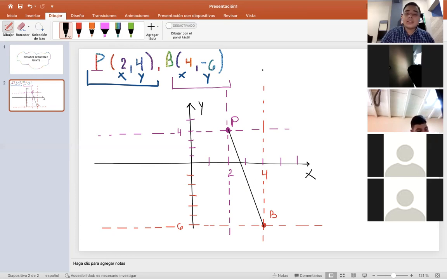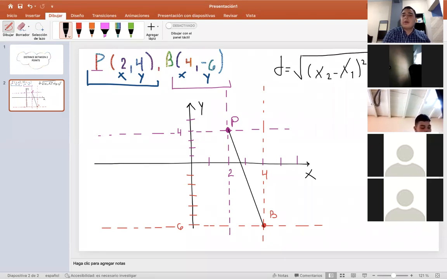So to do that, we have a formula in which we are going to set that d, of distance, will be equal to the square root of (x2 minus x1), close parentheses, everything squared, plus (y2 minus y1), close parentheses, everything squared, and we close the square root.